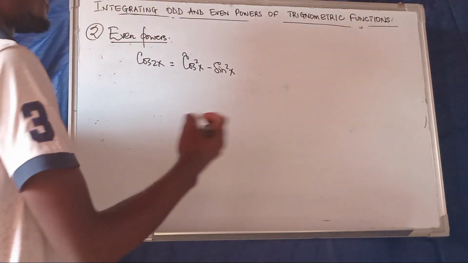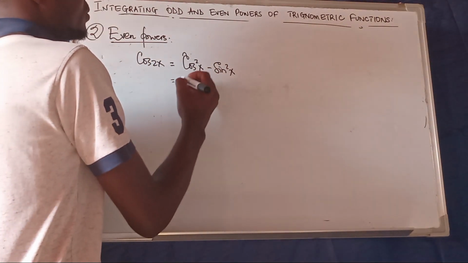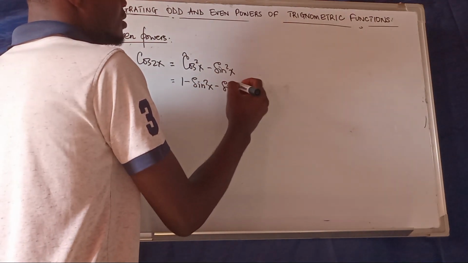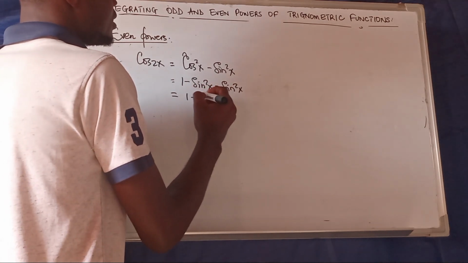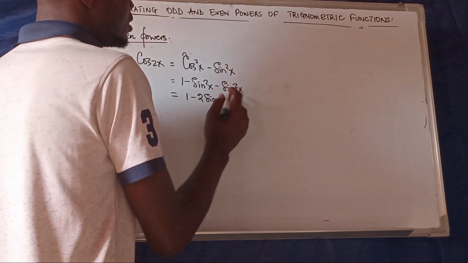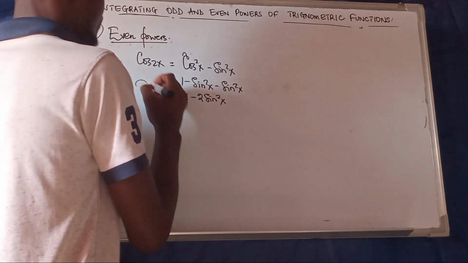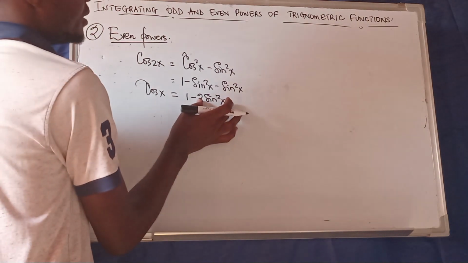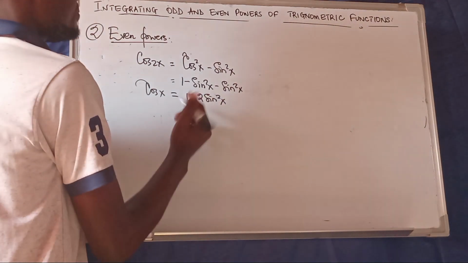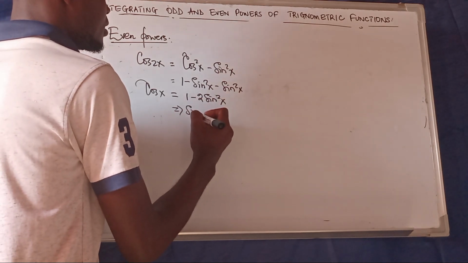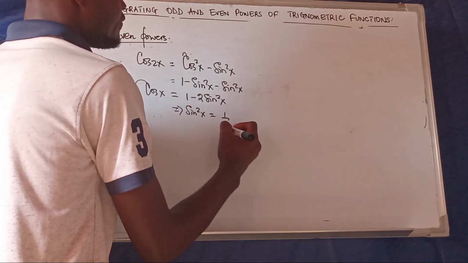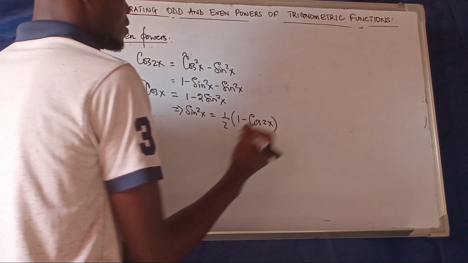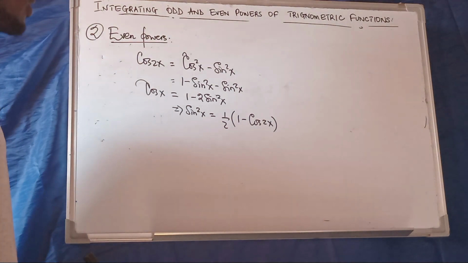But we also know that cos squared x is 1 minus sine squared x, then minus sine squared x. So this is 1 minus 2 sine squared x. So I can make this the subject. This implies that sine squared x is equal to a half into 1 minus cos 2x.